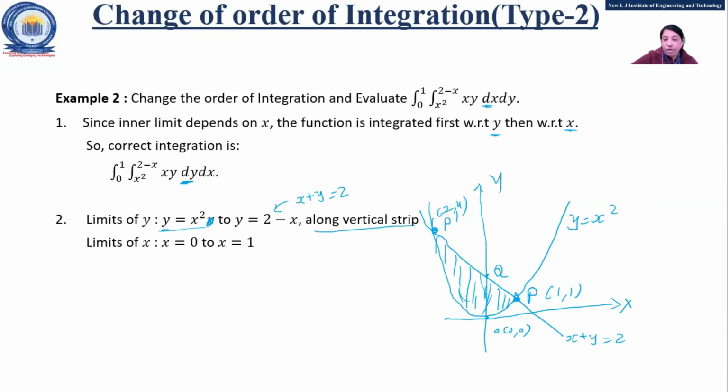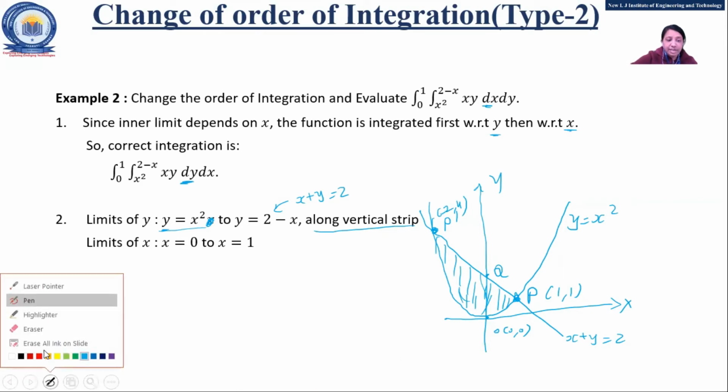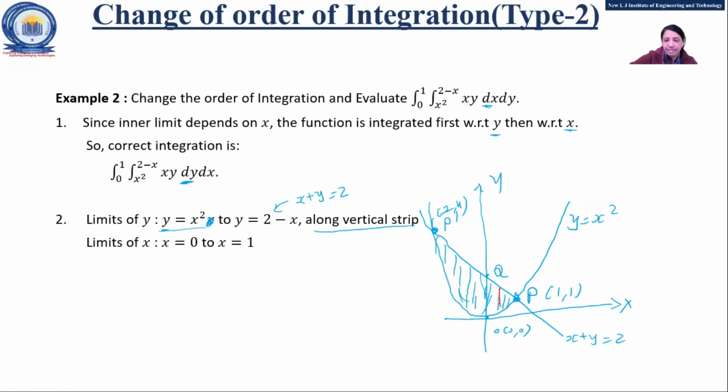Now the strip here is initially vertical because y is given first. This is AB. Now to change the order of integration, we have to draw a horizontal strip.